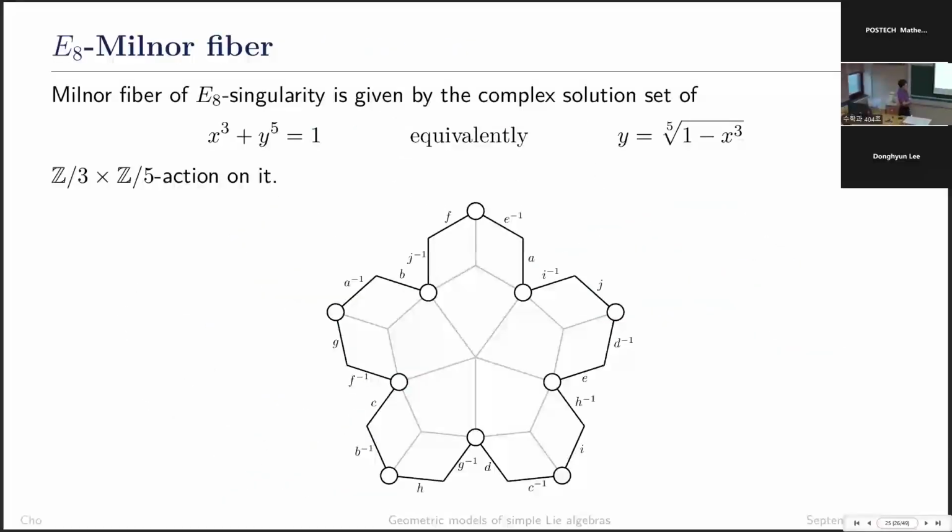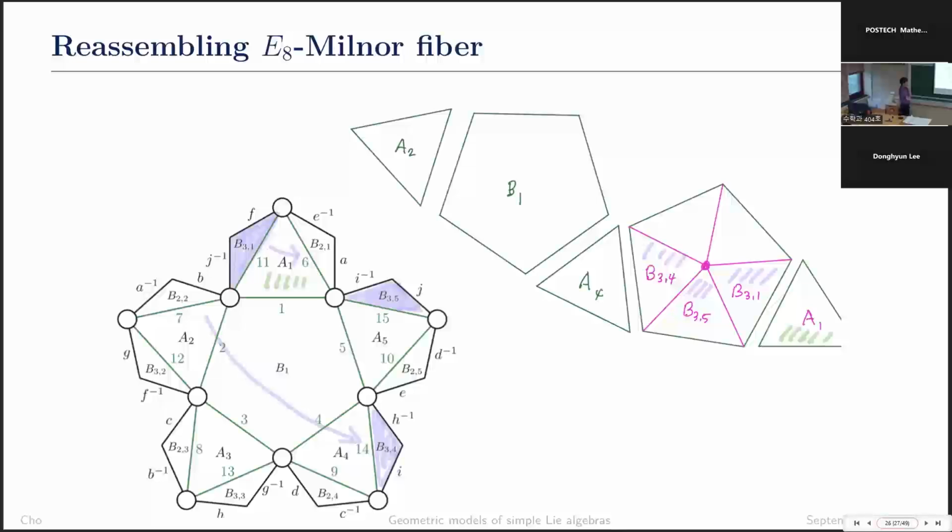All right, and how do we make the Coxeter wheel? We are going to do a very strange thing. I cannot explain easily why we do this, but you'll see the result is actually very nice. So this is B1. So there is A4. I cut this Milnor fiber into smaller triangles and pentagons.